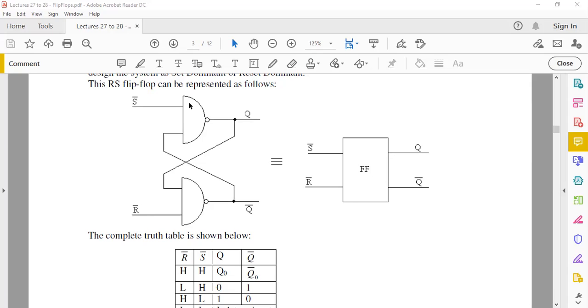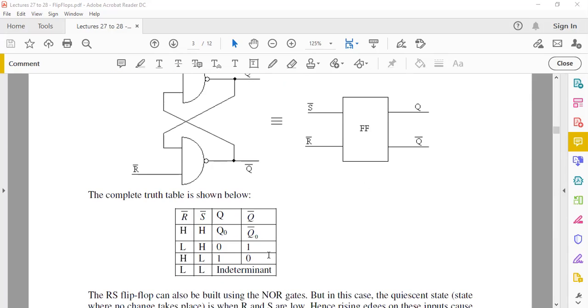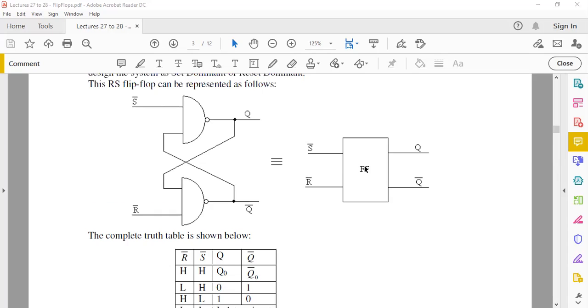Now, we can very well represent this circuit as follows. We've seen that it's like a black box where these logic gates are sitting inside. And now if we know the truth table here, we don't need to go into detail of what's inside it. If we just do a behavioral description like we've done earlier, we can also understand how this flip-flop works, but you need to know this as well. This behavior comes from these two logic gates connected in that way.